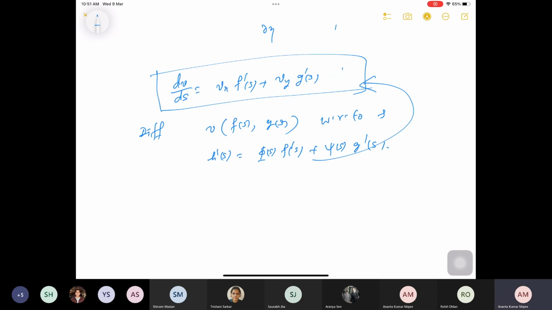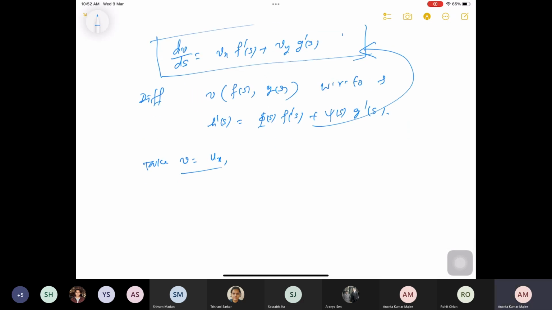Okay. So now if you take v equal to u_x and v equal to u_y, then what do you have? For u_x, d of u_x over ds is u_xx f prime of s plus u_xy g prime of s.